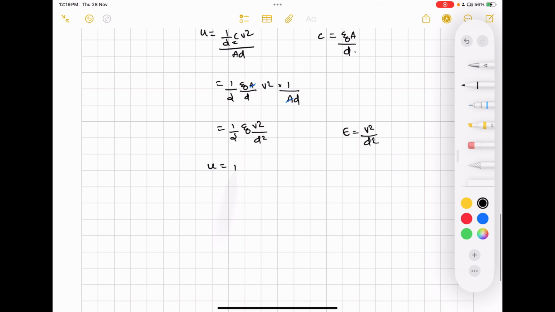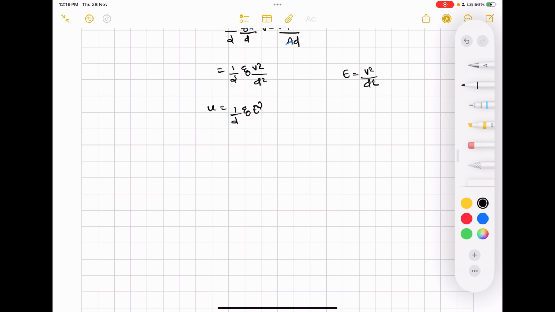U is equal to half epsilon 0 E square. So the energy density of a capacitor U is equal to half epsilon 0 E square.